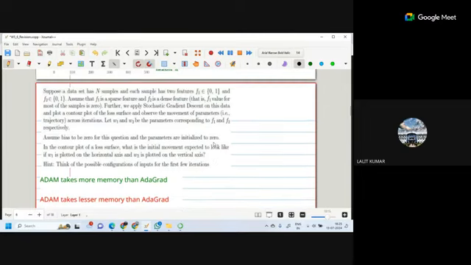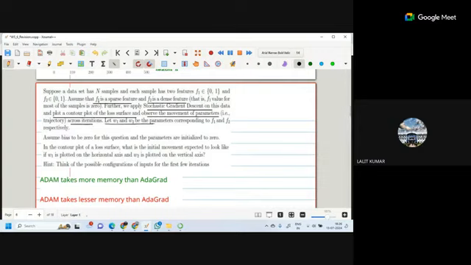There is another question. Suppose a data set has n samples and each sample has two features, each a 0, 1 Boolean. Assume that F1 is a sparse feature and F2 is a dense feature. Suppose further we apply stochastic gradient descent on this data and plot a contour plot of the loss surface and observe the movement of parameters across iterations.